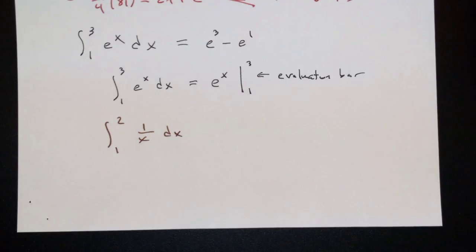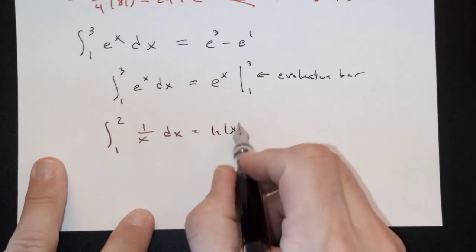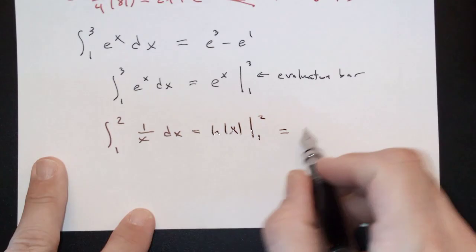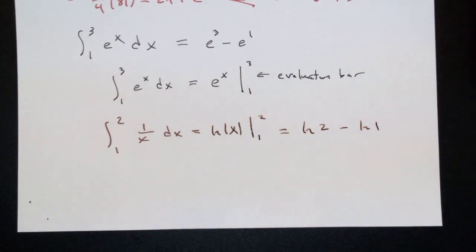Antiderivative of 1 over x is ln of x. What is ln of 1?